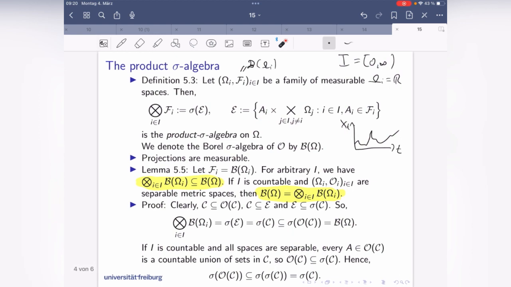And generating a sigma algebra, you can make countable intersections, for example, or countable unions, but everything is just countable. But when you do this, what you end up with are always sets which differ from the full set only at an at most countable index set. So this sigma algebra consists of sets which differ from the full set only at a countable number of indices.